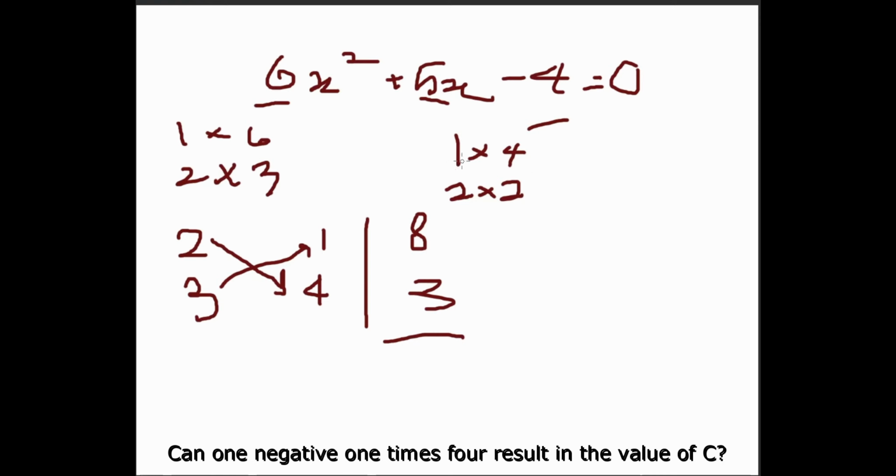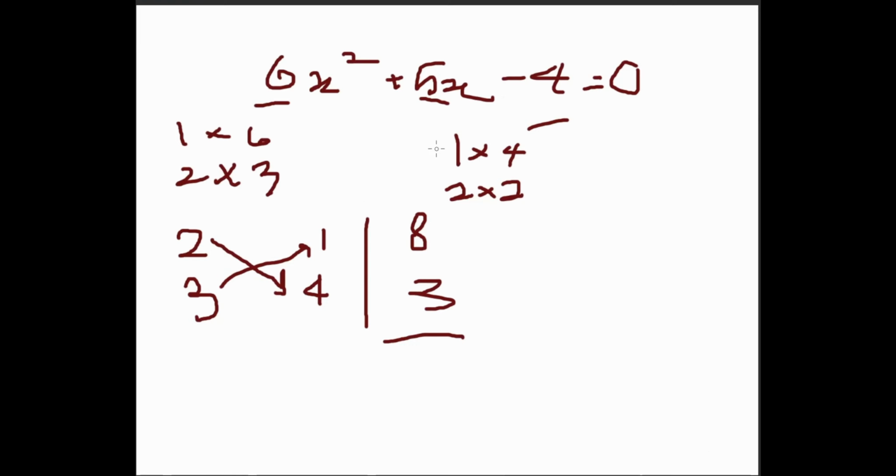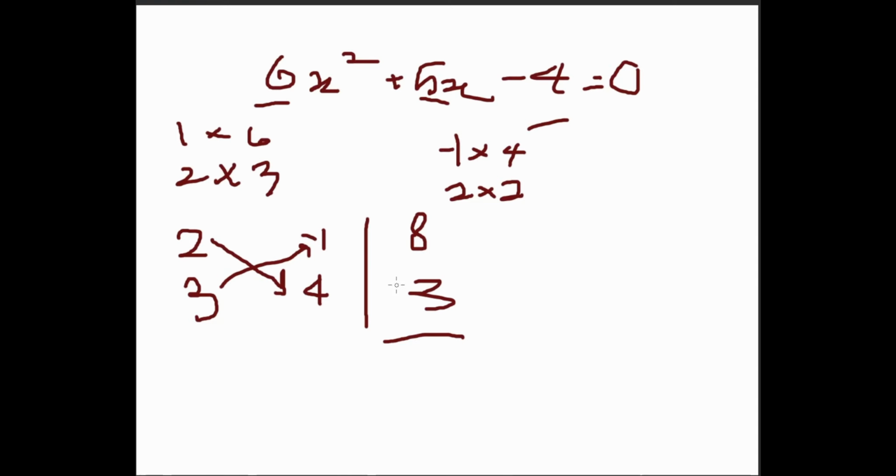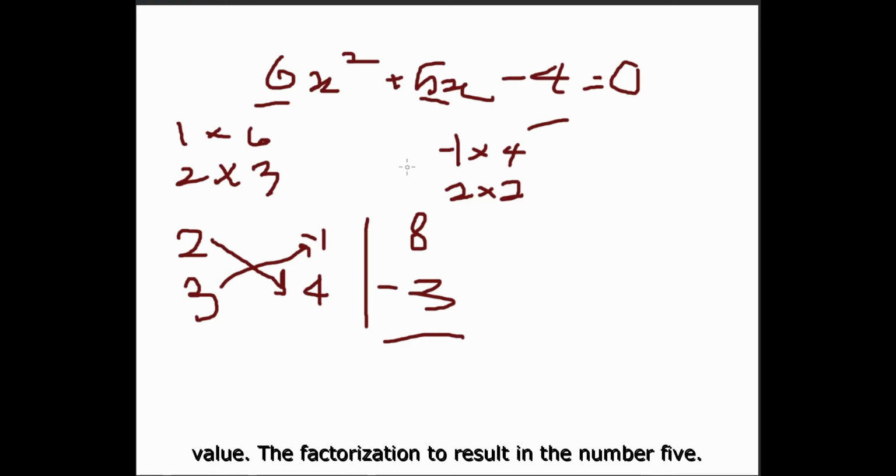Can negative 1 times 4 result in the value of c? The answer is yes, because the value c is negative 4. Thus, the number 1 has to have a negative value. So this is how we find the factorization to result in the number 5.